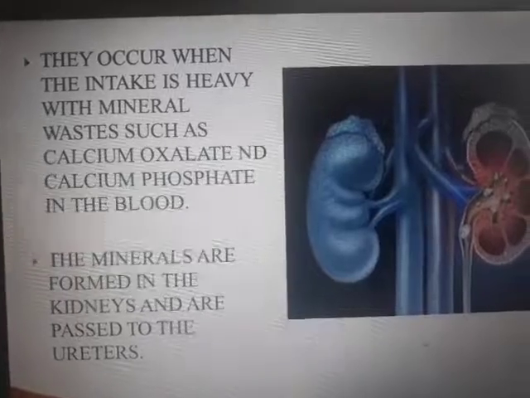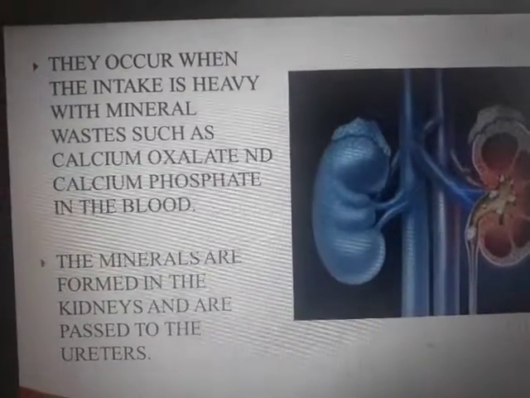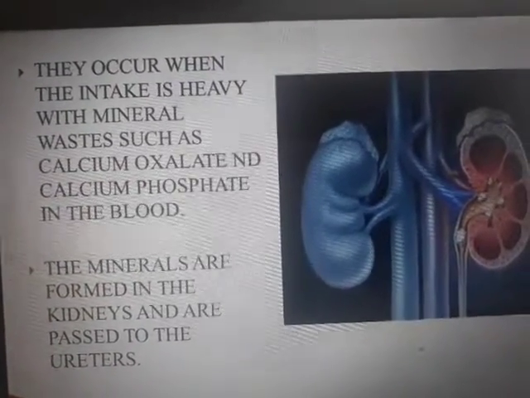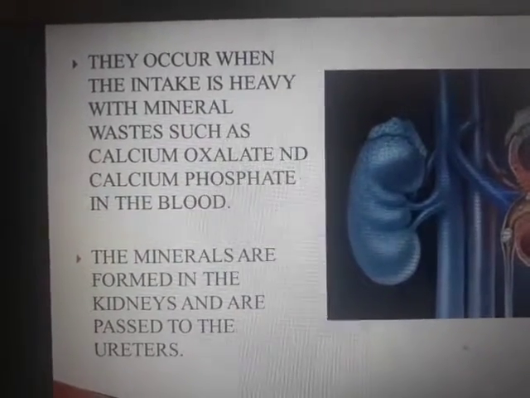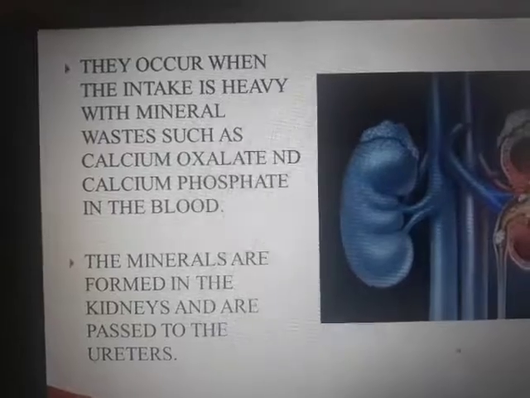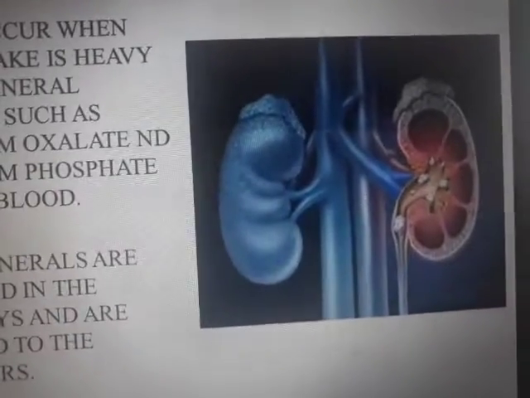Various metabolic processes keep happening. So there are two forms of calcium being mentioned here: calcium oxalate and calcium phosphate. When they are too much in amount, they are major in amount.